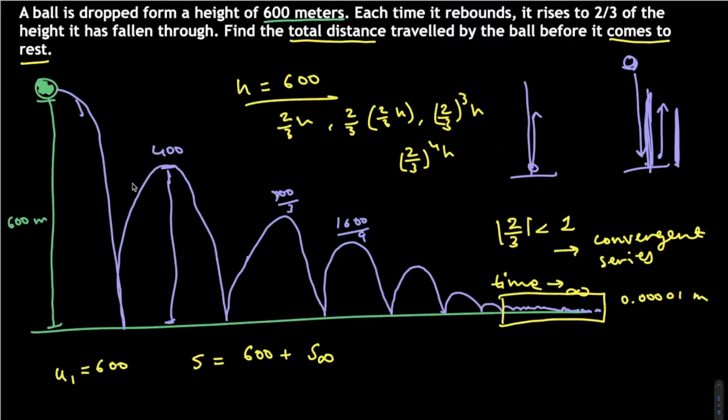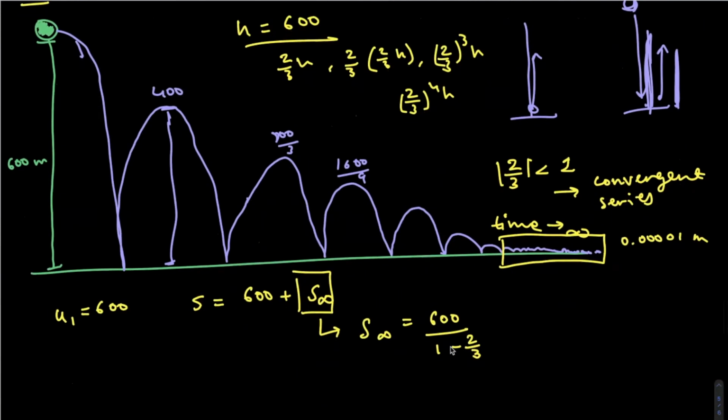Then I'm going to start my sum to infinity, which starts with 400, 800 by 3, 1600 by 9, because as you can see, there's a pattern being followed every time. Now my sum to infinity will be 600 upon 1 minus 2/3.